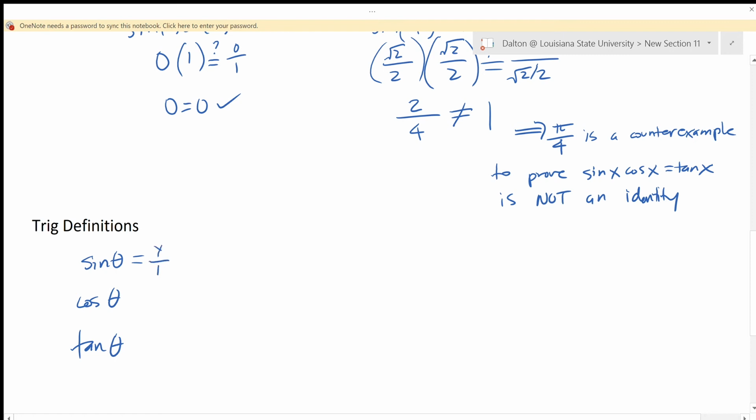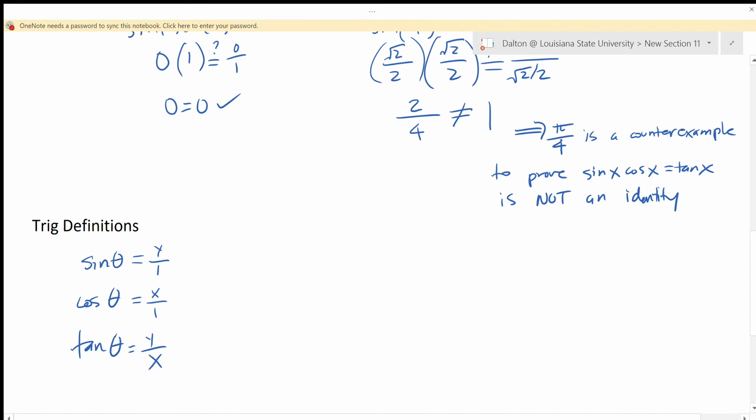Therefore, the cosine is, well, Ms. Schwanier, the cosine is x over 1. And then tangent, y over x.